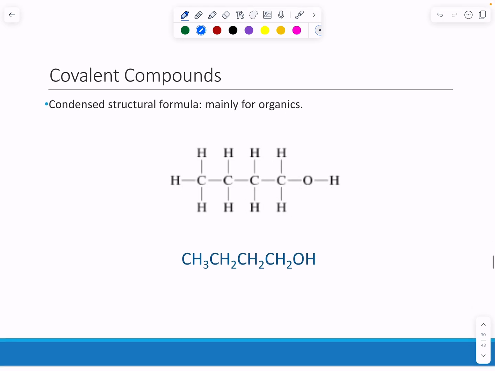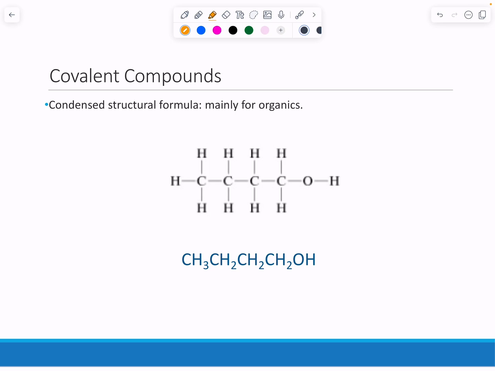All right, so structural formulas. The larger your molecule gets, okay, so we use something called condensed formulas. So larger molecules take more space to represent. Oopsie.